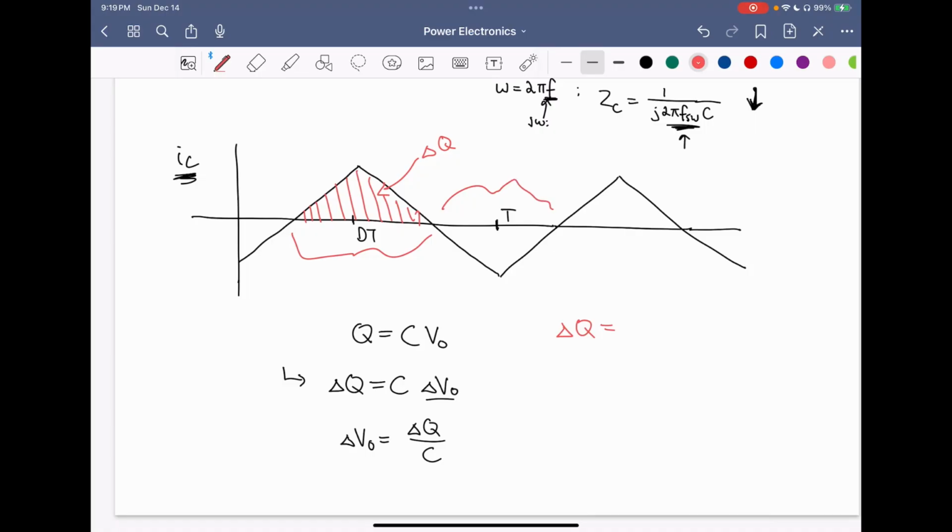We know that this base is just equal to half T. And then this height we know is delta IL over 2, because we know that all of the inductor current ripple flows through the capacitor. At least that's an assumption we're making here. So by the area of a triangle formula, we just have half times base times height.